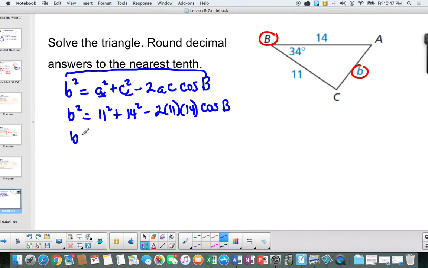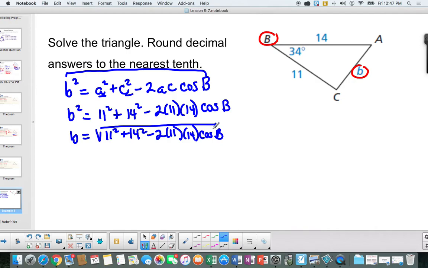And b will be equal to the square root of this quantity right here, which I'm about to put in my calculator. Again, I let my calculator do all the work. I don't do all the work. Okay, so I'm going to go ahead and put that in.